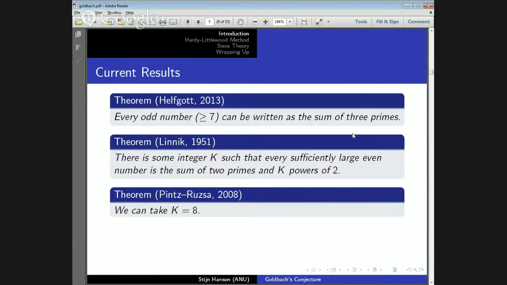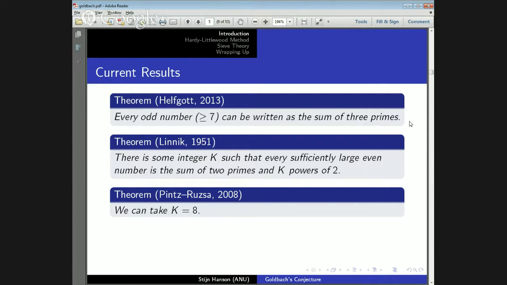So we say, okay, everything is the sum of 2 primes plus a little bit extra. And how big is that little bit extra? So Helfgott's theorem says that we actually need to take the set of primes as that little bit extra, and that grows like x over log x. But Linnik and Pintz-Ruzsa showed that we can take 8 elements of the set of powers of 2.